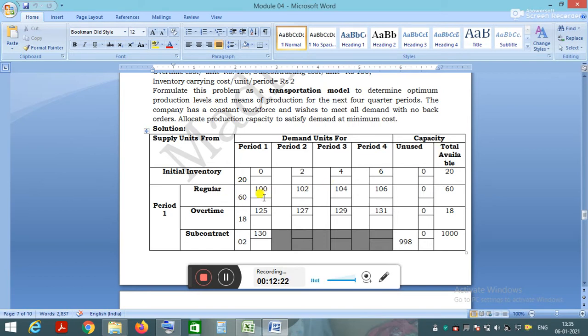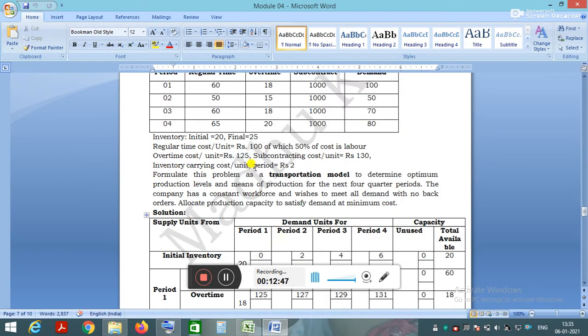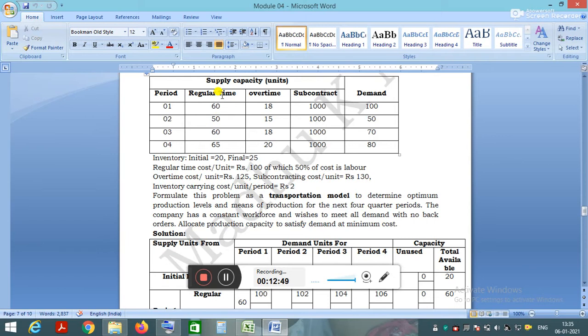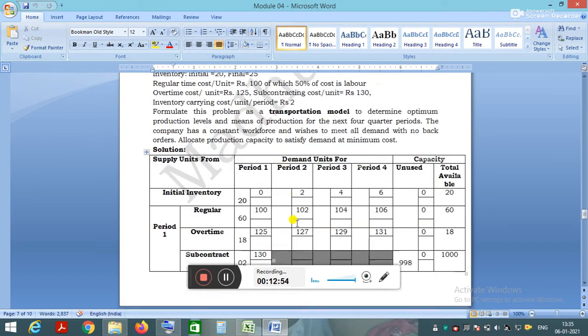But we can't produce all the 80 products which are required in regular time itself, because the maximum products that we can produce in regular time using the company's workforce is 60. Although the cost is less, it is difficult to produce all the 80 products, because in the problem itself he has given the maximum supply capacity of the company using regular time as 60.